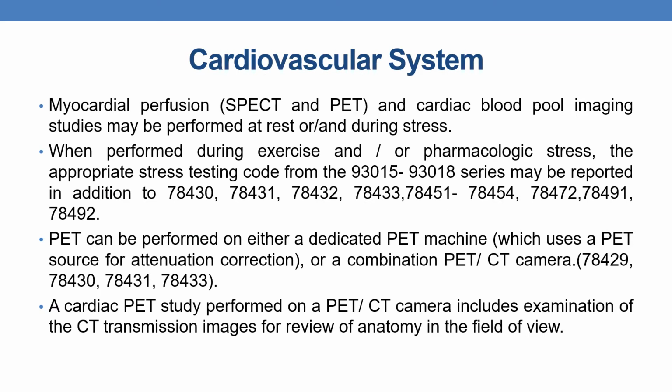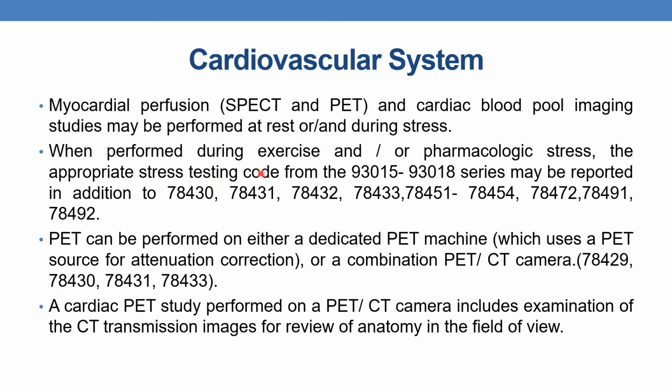Now coming to cardiovascular system, the myocardial perfusion scans, which are nothing but SPECT and PET scans. SPECT is single photon emission computed tomography, whereas PET is positron emission tomography. The myocardial perfusion scans and the cardiac blood pool imaging studies can be performed either at rest or during stress, or they can be used in combination at rest and at stress.